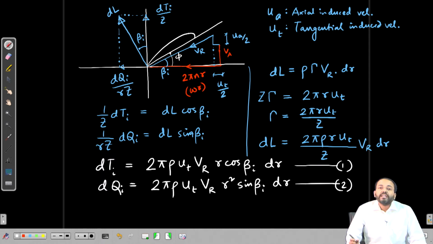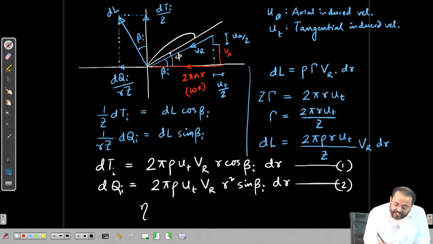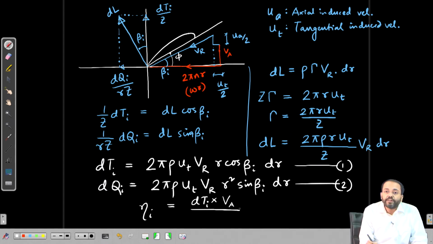Okay. Now, the efficiency of the blade element eta i can be given by dTi into Va, where Va is the velocity of advance, by 2 pi n into dQi.